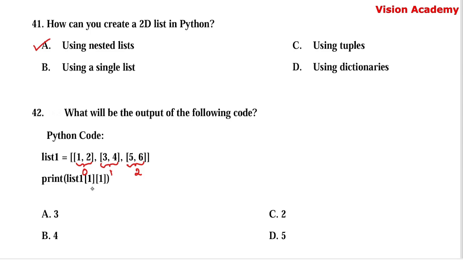Here we want to print the element whose index number is 1. So the outer list element at index 1 is [3, 4], and here 3 has index number 0 and 4 has index number 1. So I want to print list1[1][1]. So it is going to print 4. Hence option B is the right answer.